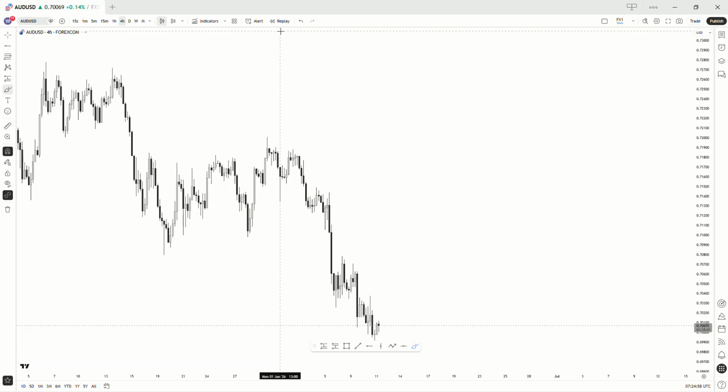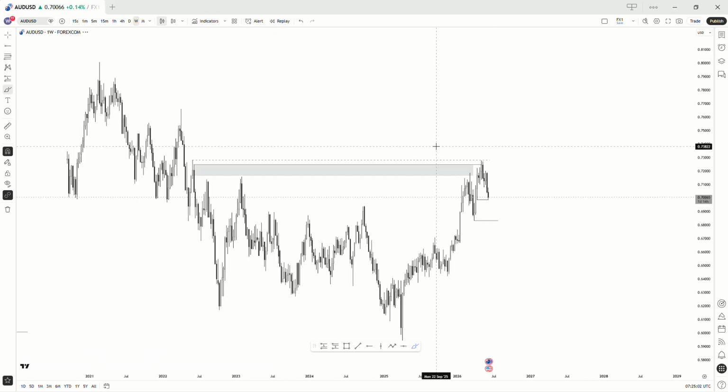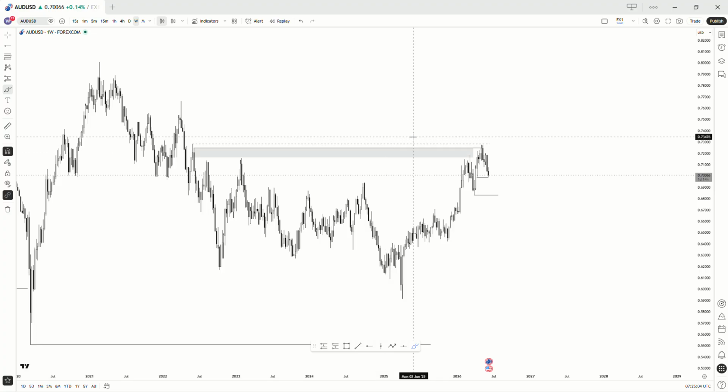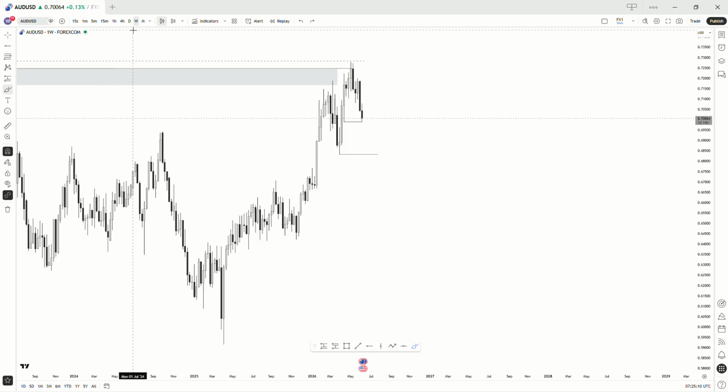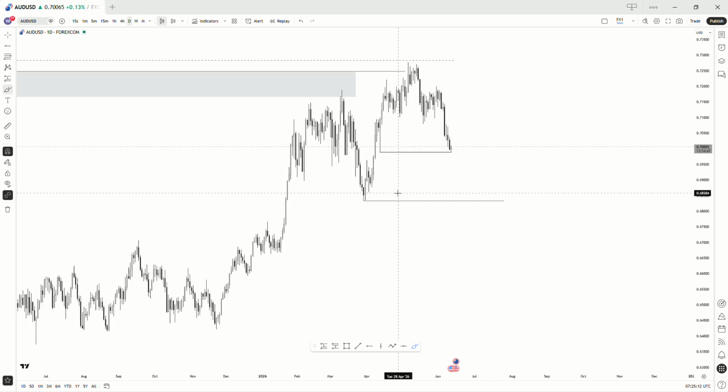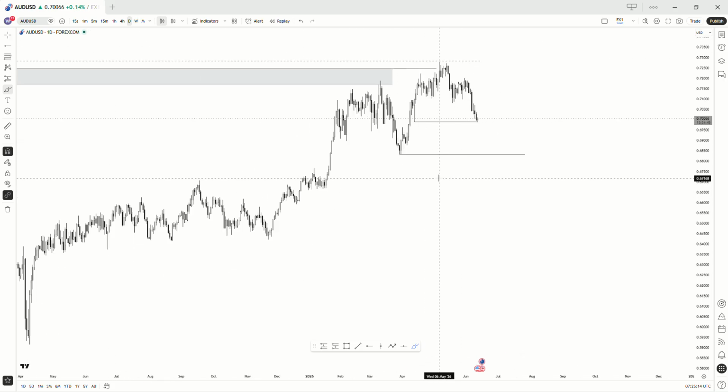So going up to AUD USD, starting off with the weekly time frame, we still have these highs of interest that we can see go maybe in the near future, and these lows. This is the only low that my eye is drawn to right now.